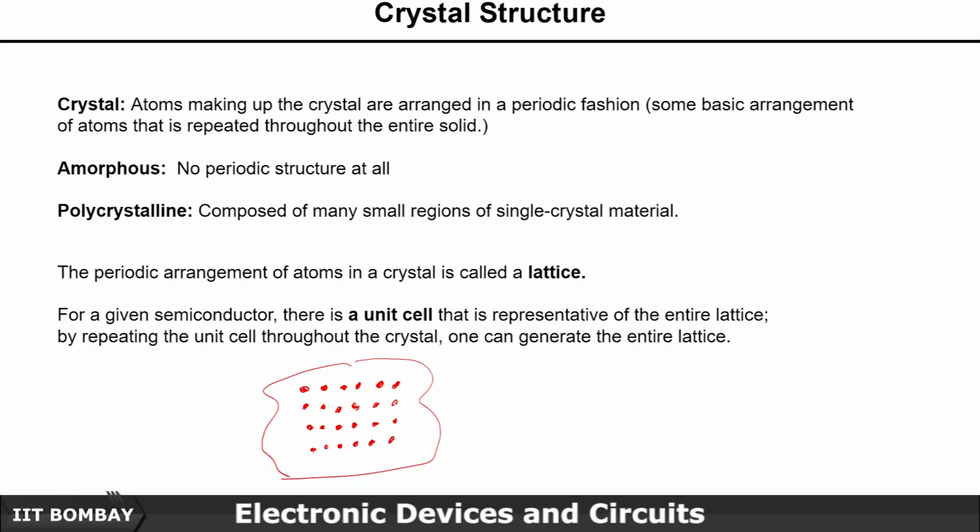On the contrary, in an amorphous material, you have something like this, that atoms are there, but there is no periodic arrangement. So unlike crystals, there is no periodic arrangement in amorphous materials.